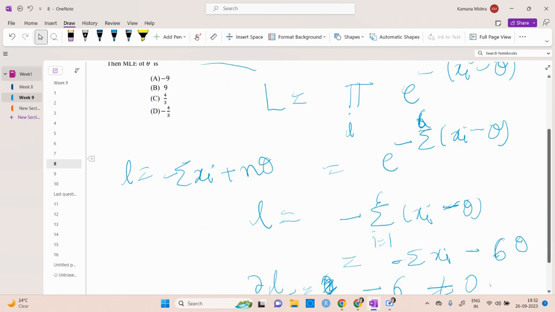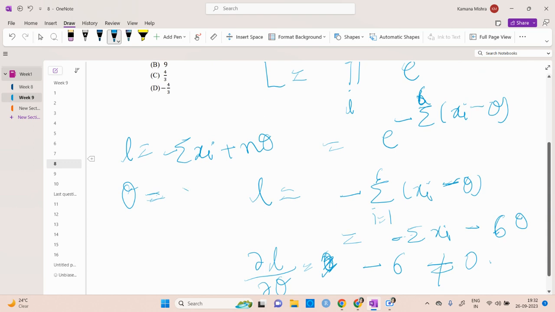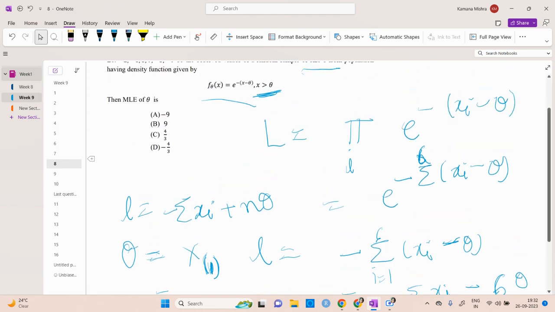So minimum. So θ will be what? X1. So x1 is the point where it will have the smallest value.